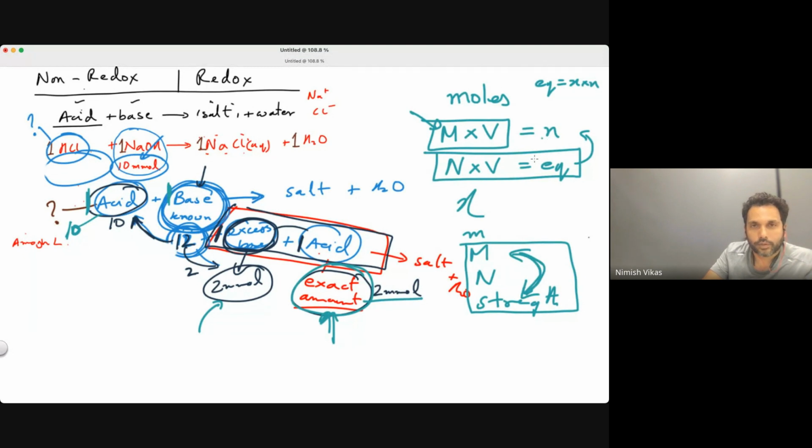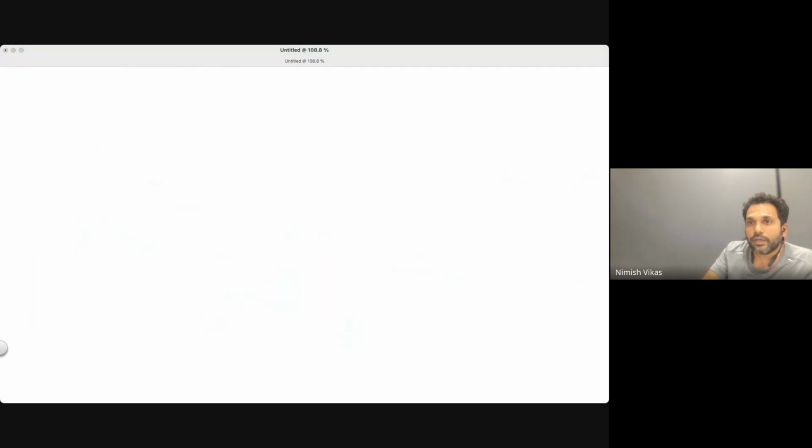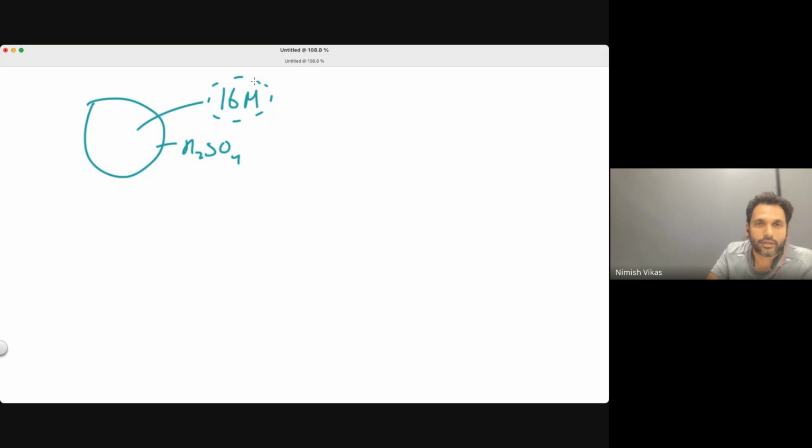I hope so. Now somebody has to make it even more complicated. What they will do is they will say there was a certain acid, say H2SO4, and the molarity was very high, say 16 molar. Maybe this also they have given in terms of strength and percentage purity and this and that, and you got it as 16 molar.